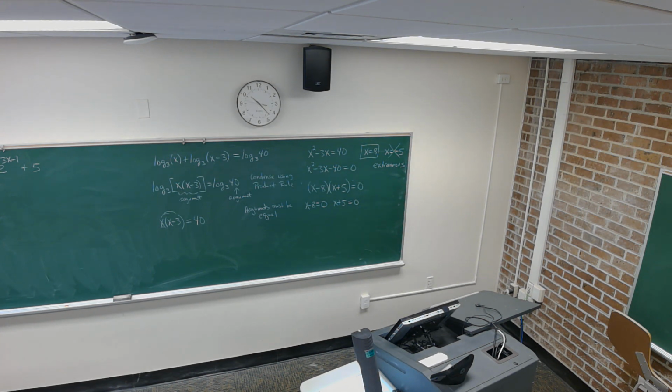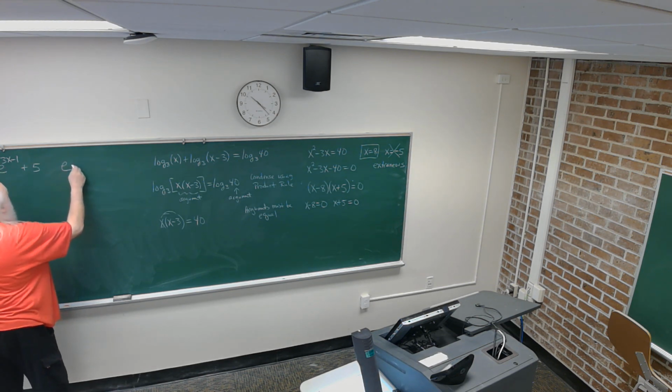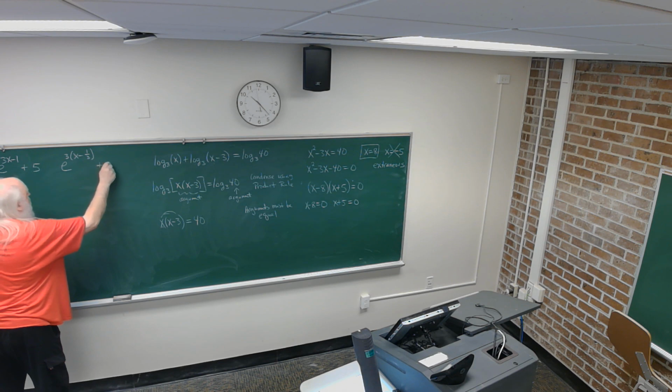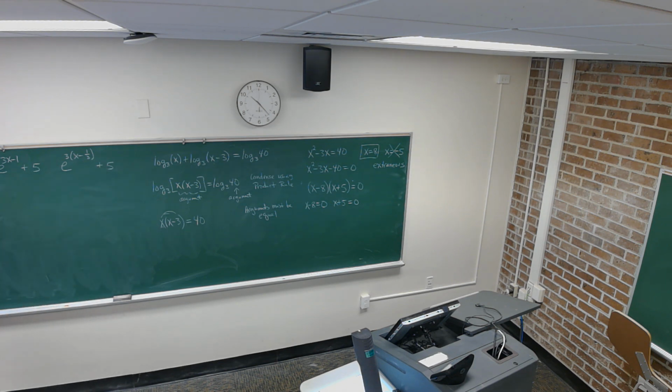This can be written as e raised to the 3 times x minus 1/3 power plus 5. Actually, when you replace x with 3 times x, it condenses the graph horizontally. And we did not consider condensing or stretching horizontally. We only considered condensing or stretching vertically.